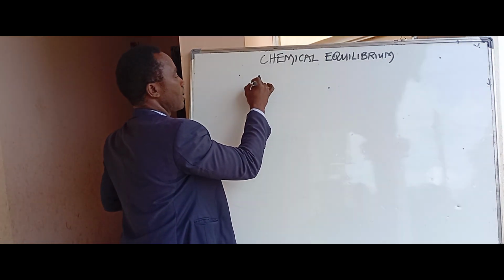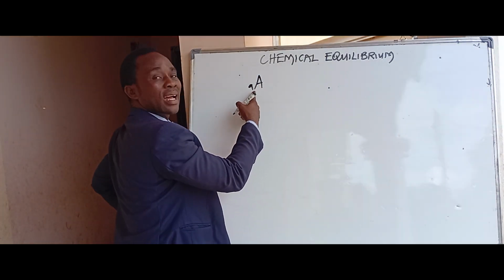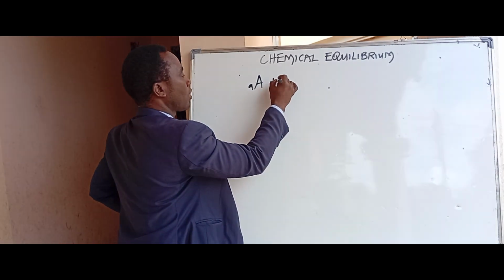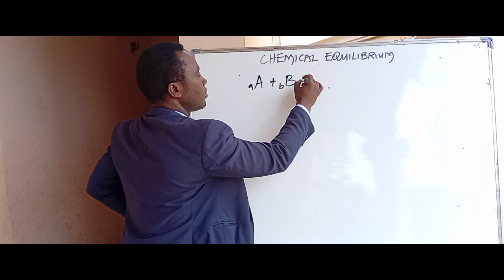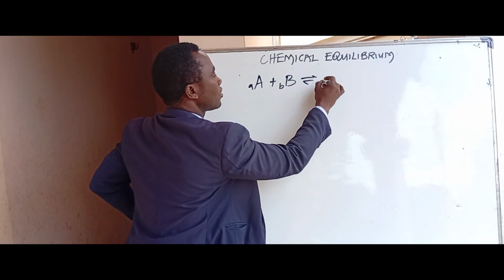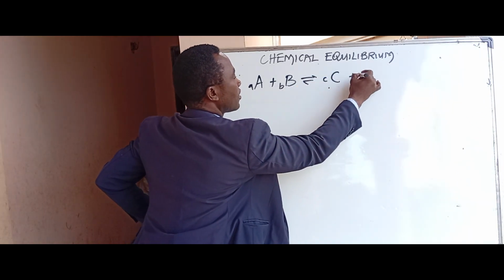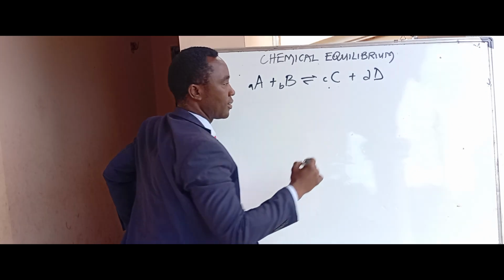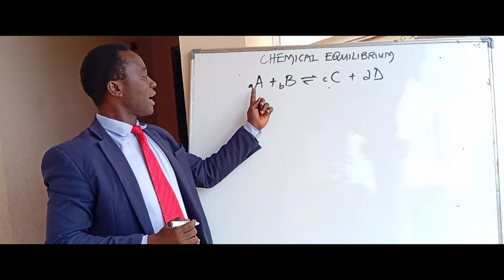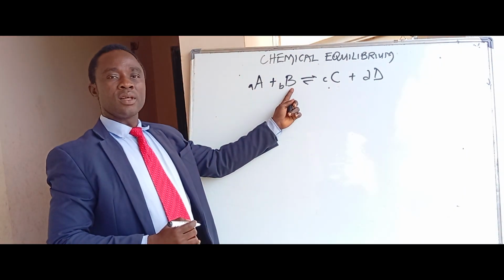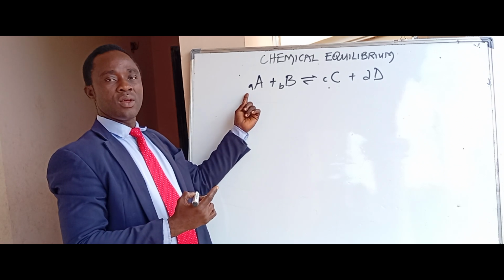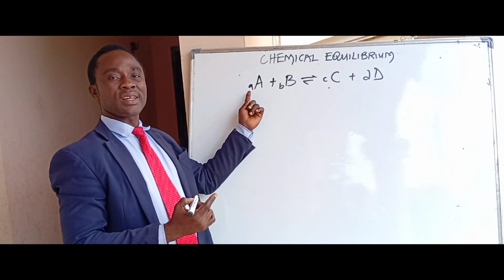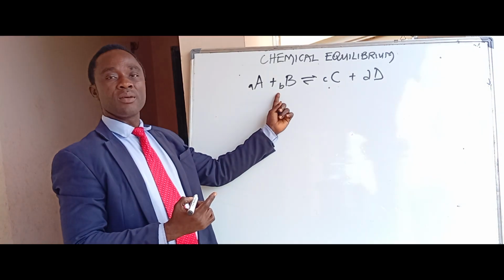Now let us consider a reaction of this nature. A reactant A plus a reactant B giving us products C and D. The reactants are A and B. The stoichiometric coefficient of the reactant A is small a, while the stoichiometric coefficient of the reactant B is small b.